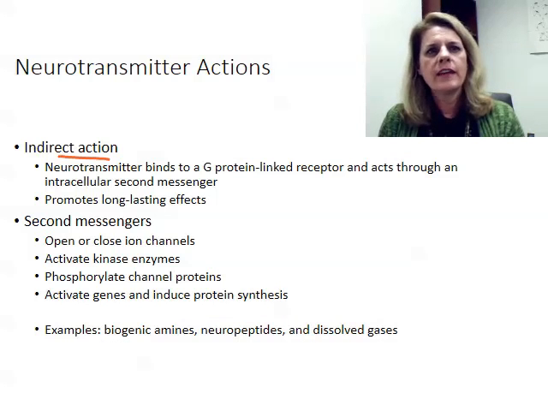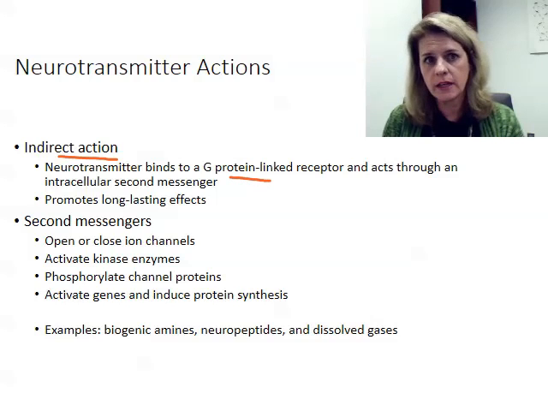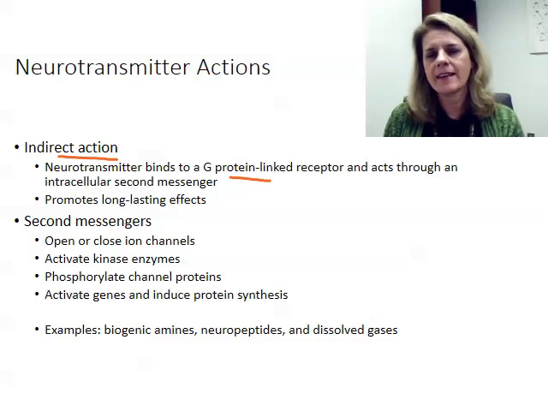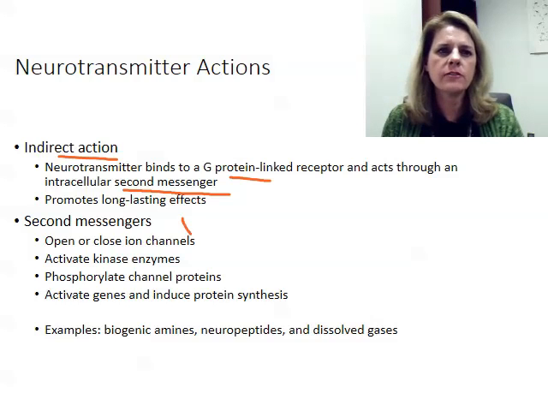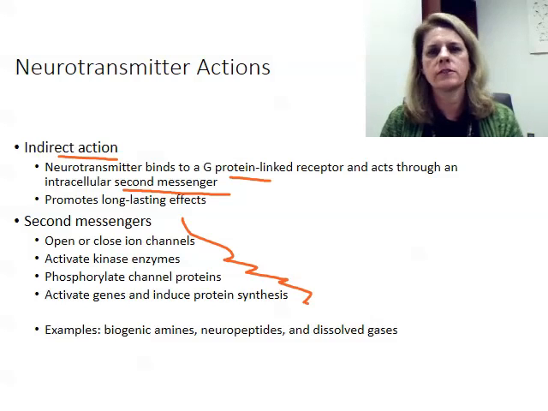But you can also have an indirect action, and this is where the neurotransmitter binds to a receptor in the plasma membrane. Basically, it's a protein, and that causes a cascade. And this cascade causes the production of something called a second messenger, and the second messenger is what actually causes the response.